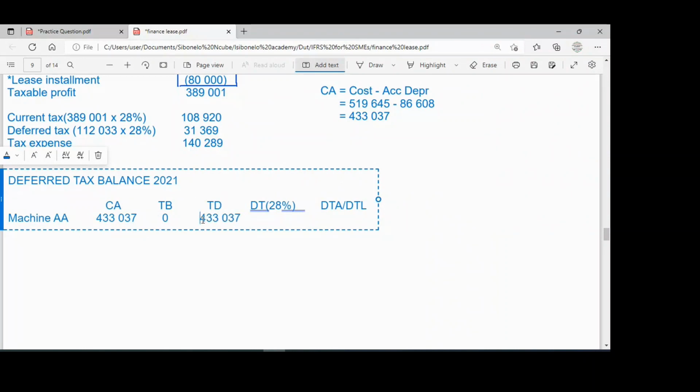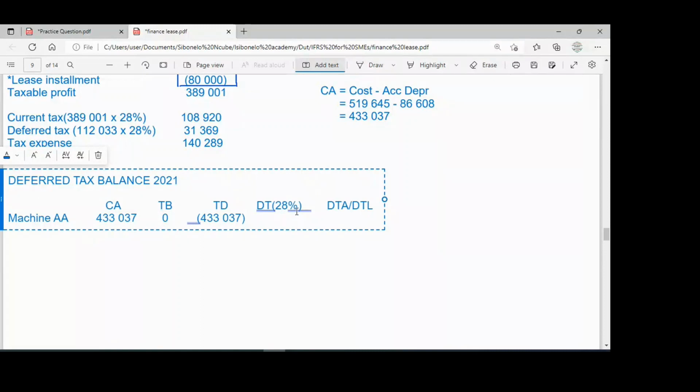Now we have to state ukuthi ngabe sine deferred tax asset noma deferred tax liability. So in akhuza ke principle yethu ithi uma sidila nemachine asset le. So for ama asset if the carrying amount is greater than the tax base, then the difference will be a liability. So if the carrying amount is greater than the tax base, we're gonna have a DTL, deferred tax liability.